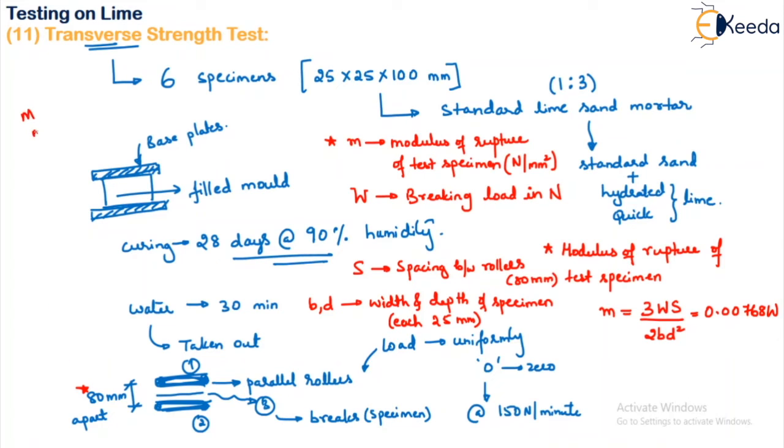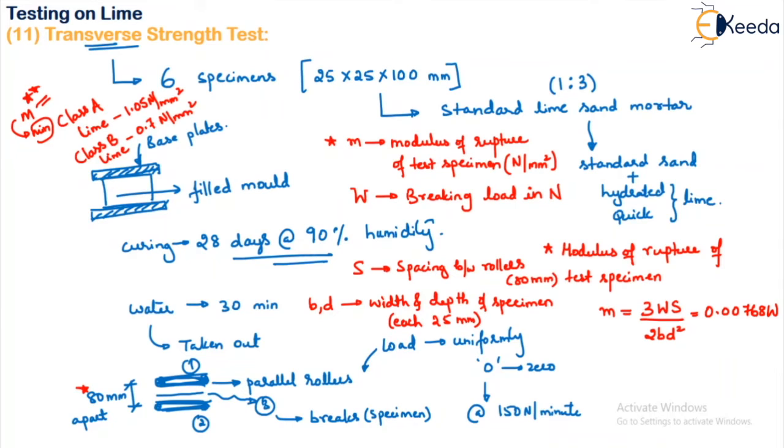The minimum value of M, or the modulus of rupture, for a class A lime is about 1.05 Newton per mm square, and if it is a class B lime, then this value will be in the range of 0.7 Newton per mm square. Remember that this is the minimum value of rupture that we can have.